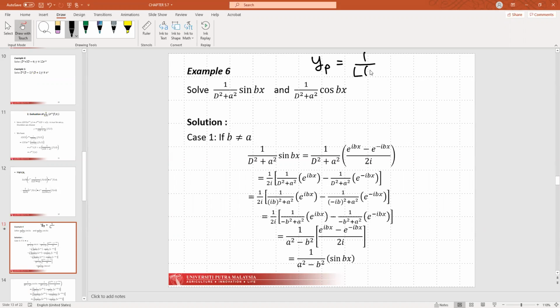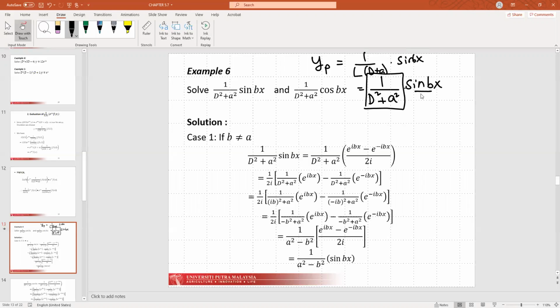L of D plus A times sin x. Kemudian saya dapat equals to 1 over D squared plus A squared times sin, this is B, sin bx. Okay, so saya nak tahu how to evaluate the coefficient.